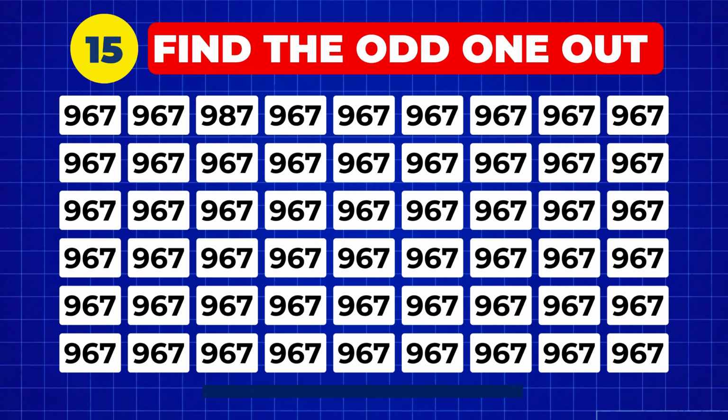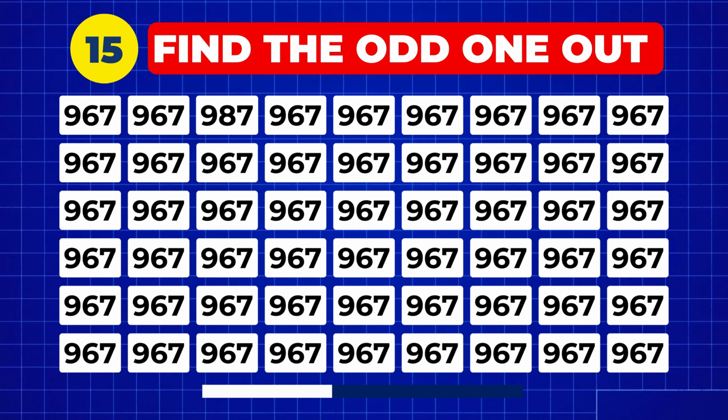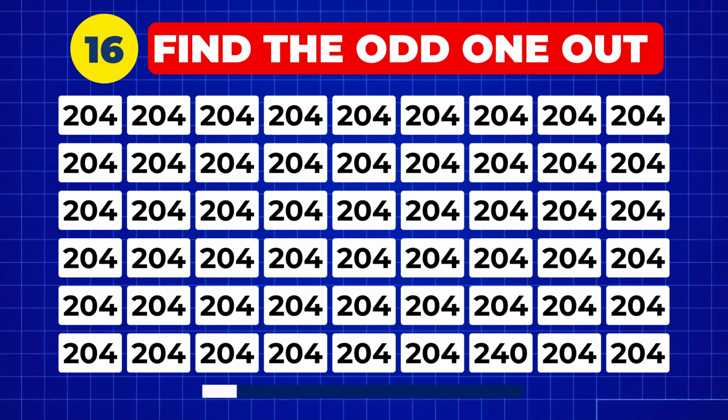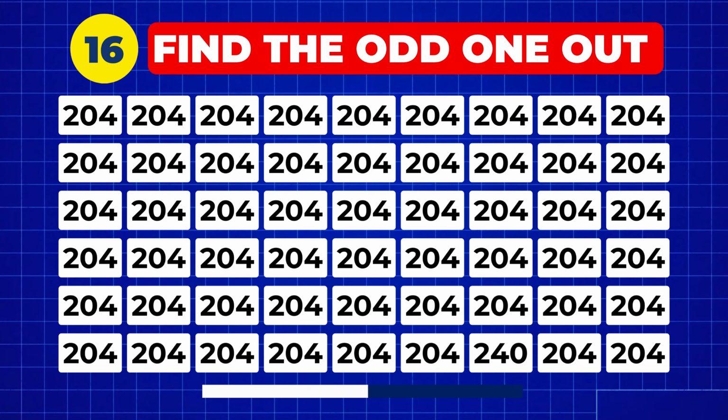Identify which is not 967. Yes, this one. The digit is 204. You have to find out other than this.